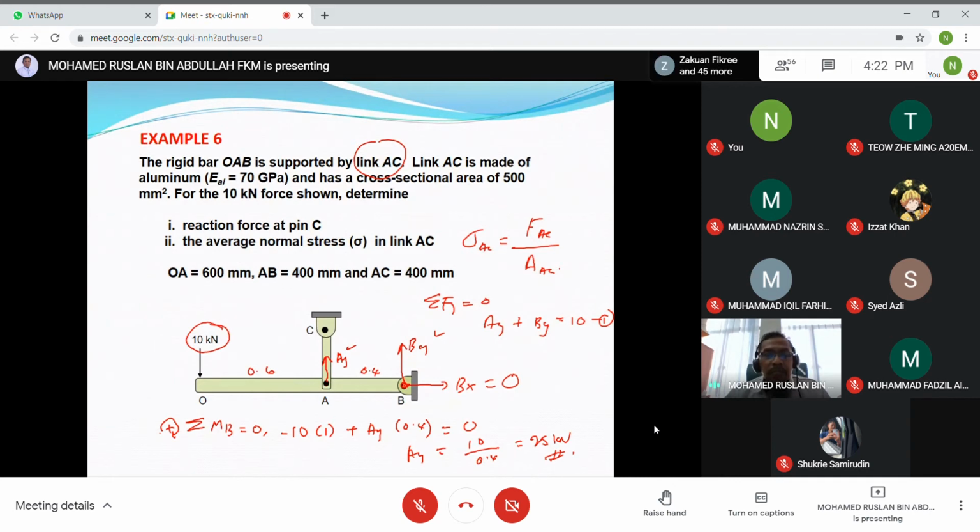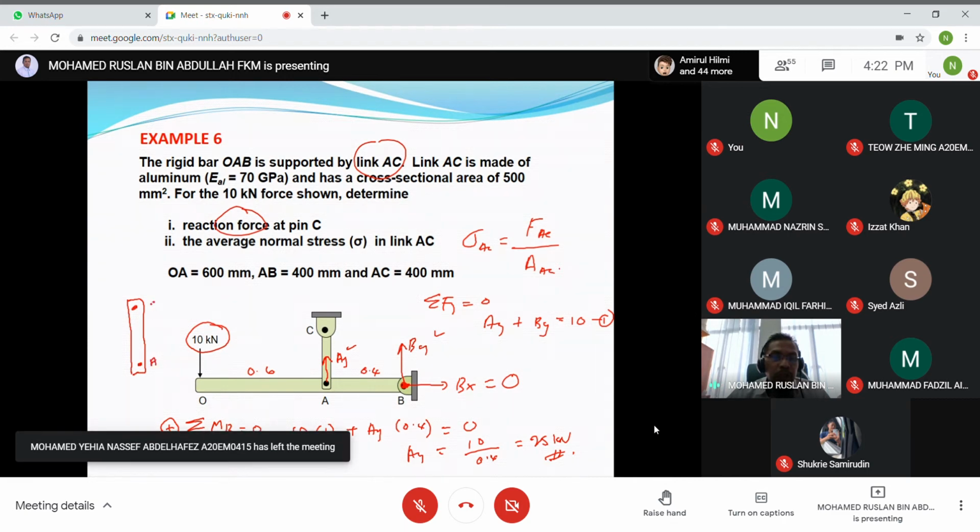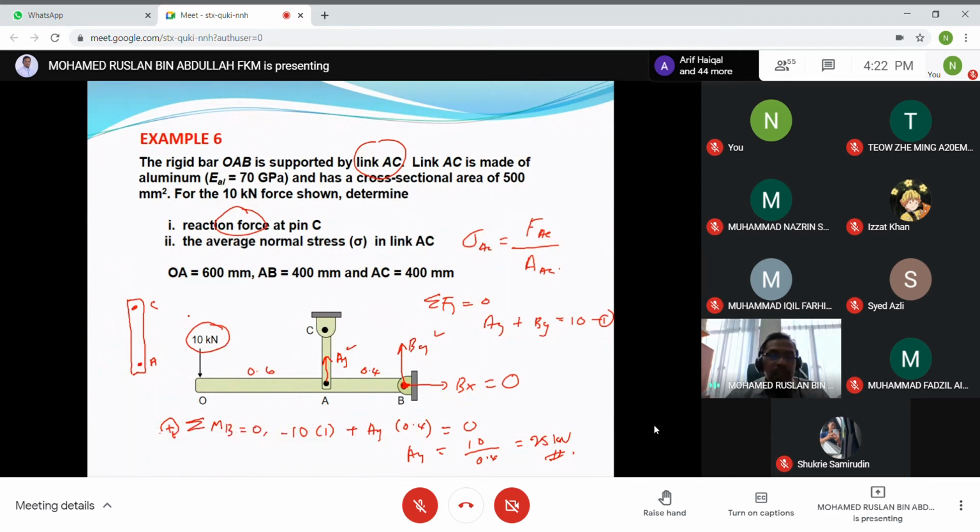So at pin C, what is the reaction force at pin C? If you draw, this AY is in this direction based on the bar OAB. So when you draw the link AC, this is point C, this is point A. The direction of AY is to this direction.